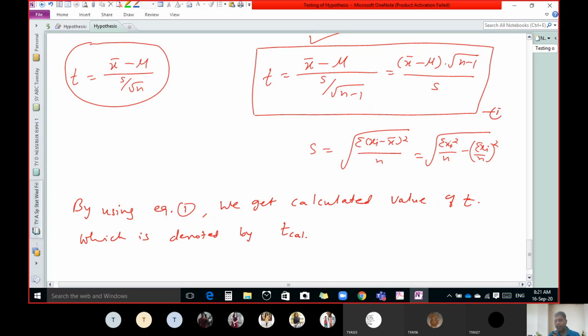So t cal is the symbol for the calculated value of t, and to calculate that value you have to use this formula.